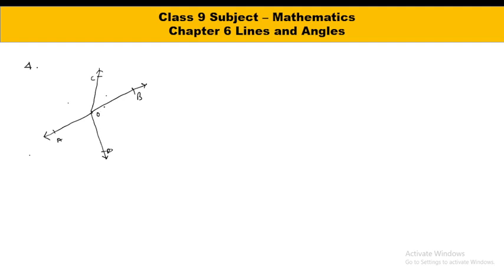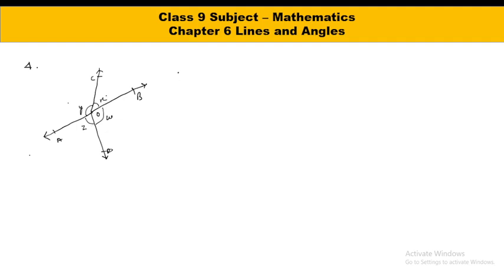Now here angle BOC is given as angle x, angle AOC is given as angle y, angle BOD is given as angle w, and angle AOD is given as angle z.